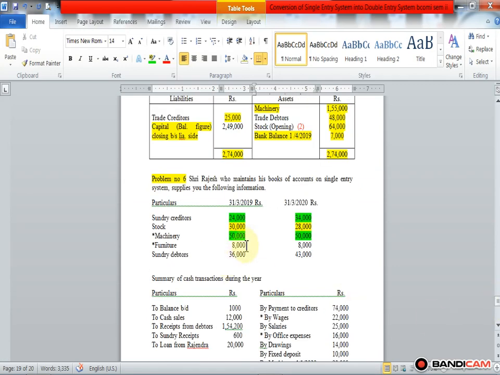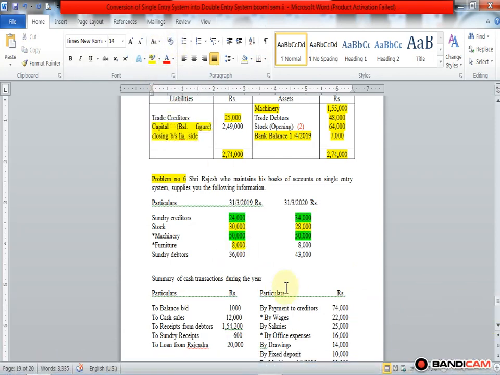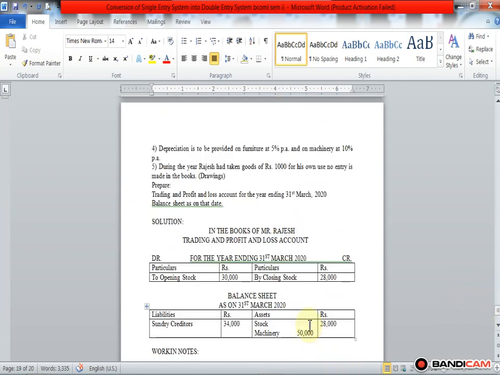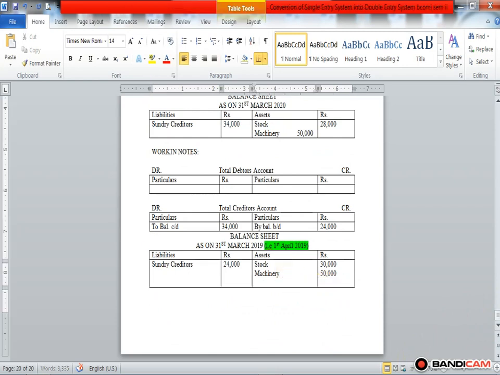Then furniture, opening asset. So opening furniture, and adjustment is also given on furniture. So here opening furniture is directly transferred to the opening balance sheet asset side in the outer column. Furniture amounted to rupees 8,000.